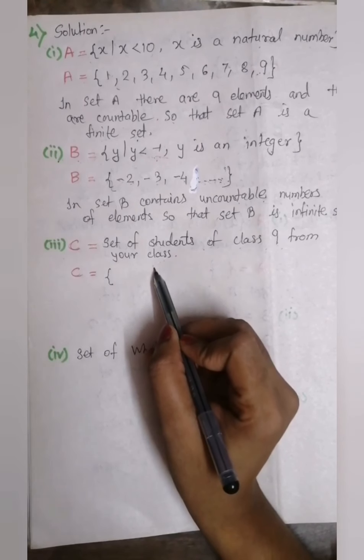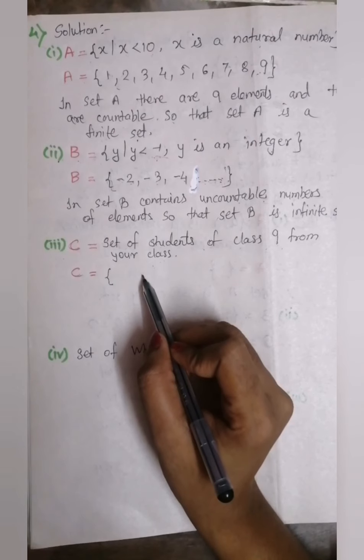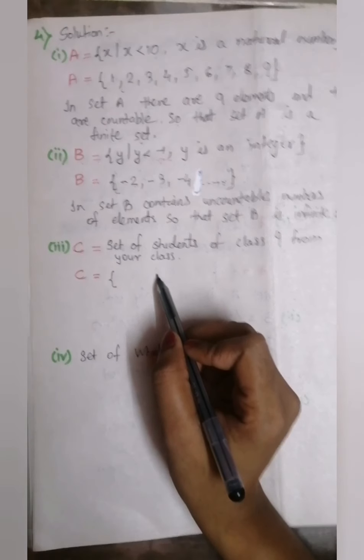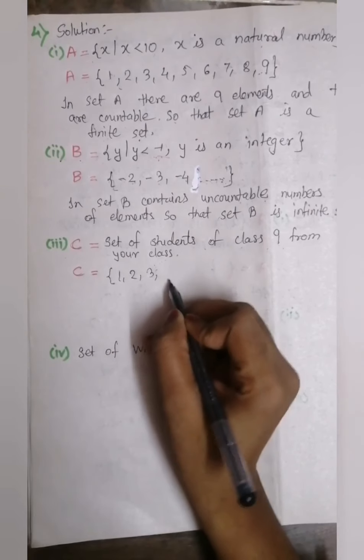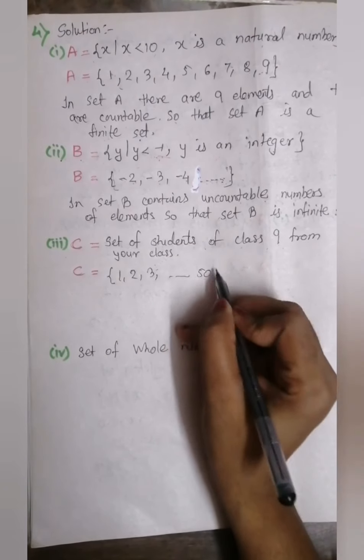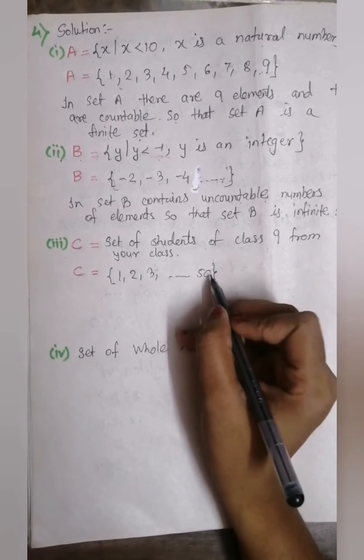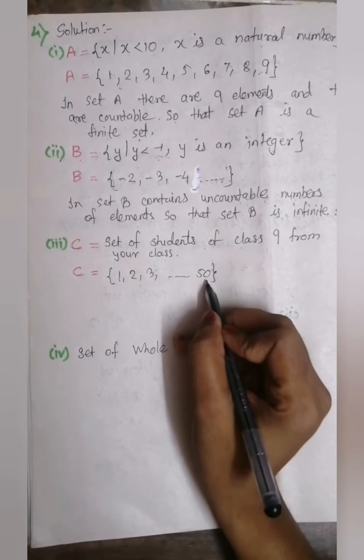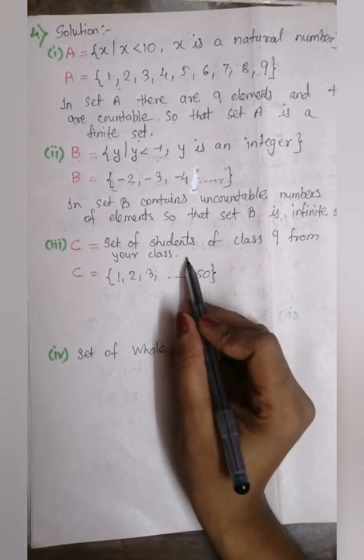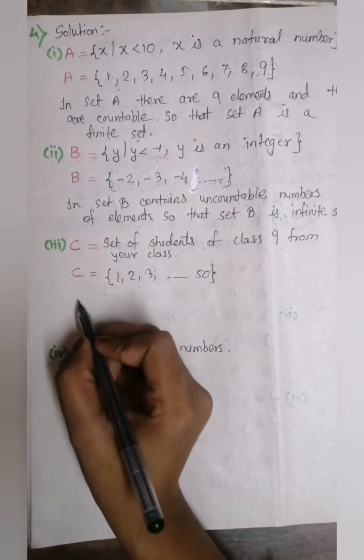We can count. So this is a finite set. So we write down, start with numbers 1, 2, 3 up to 50. Right? This is the strength of class 9. So this is a finite set. We can count the number of students in any class.